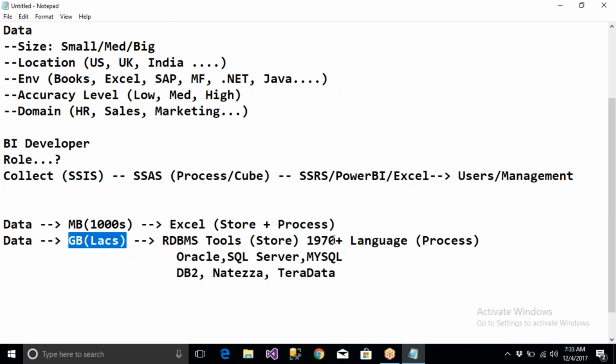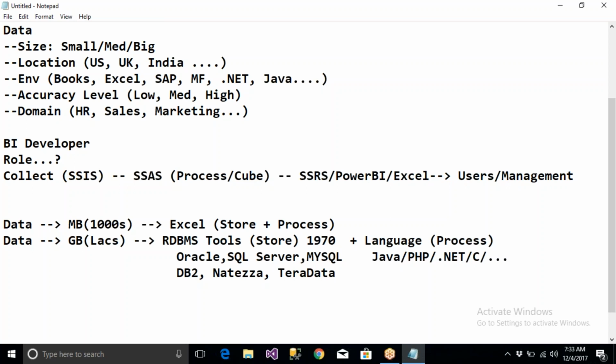Now how are the people going to process it? Earlier we had say 100 GB of data, 200 GB of data, and 300 GB of data for 1 year. People can use any language like Java, or PHP, or .NET, or C, or any other language.